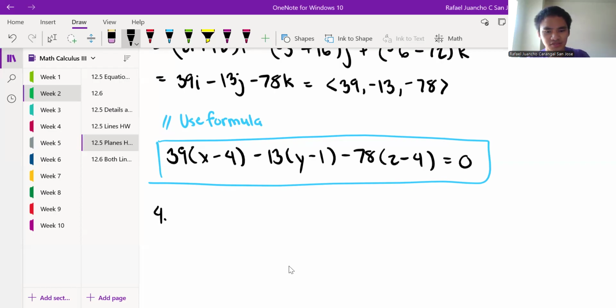What's this? It's like a visual. So we want to use intercepts to help sketch the plane. Oh, so we're given an equation of a plane, and then we want to get their x, y, and z intercepts to help sketch that plane.